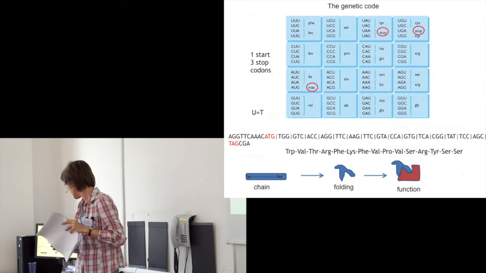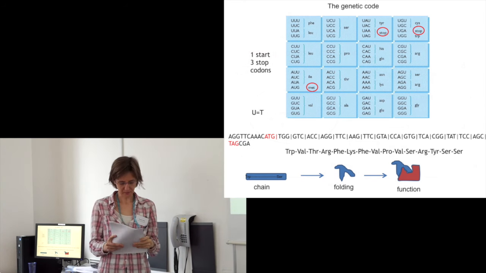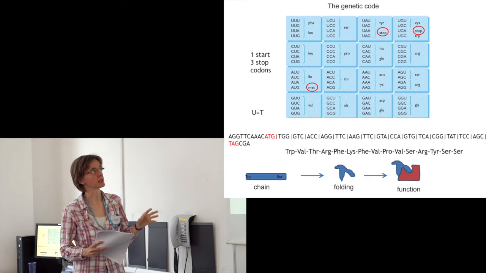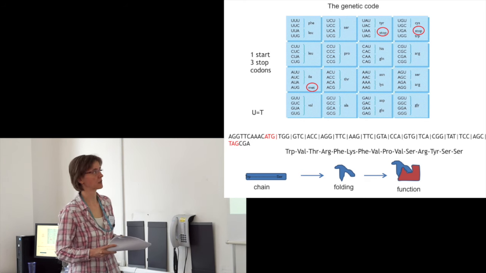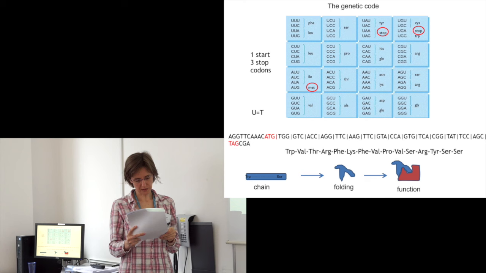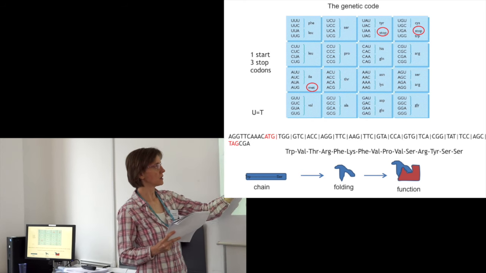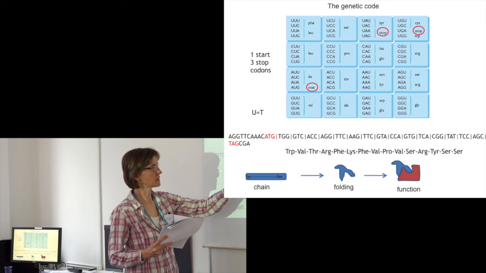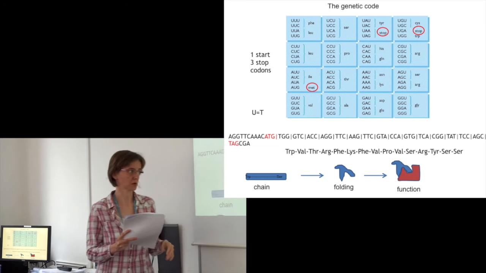Now, how does it happen? This information translation happens through the genetic code, and I think you are quite familiar with this. The machinery which is doing the translation reads these DNA chains in 3-letter groups, and they are called codons.